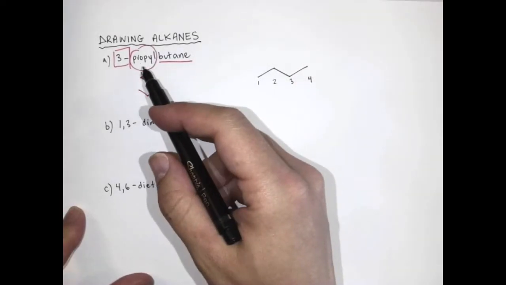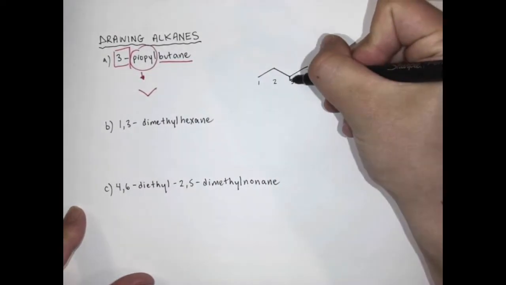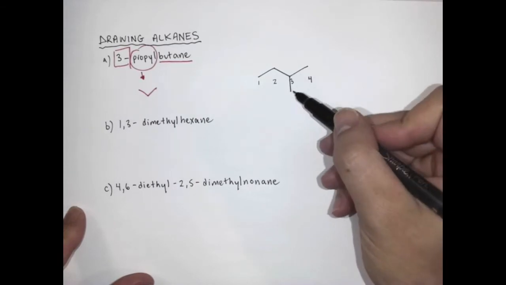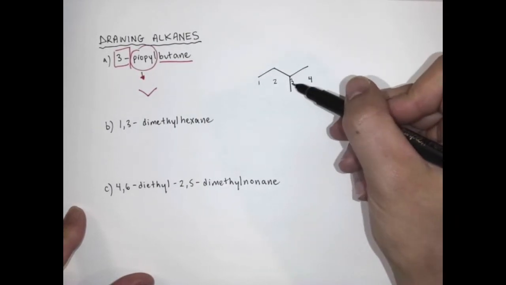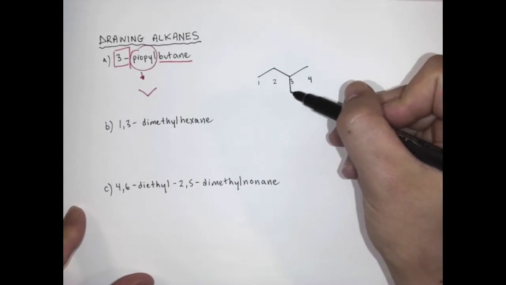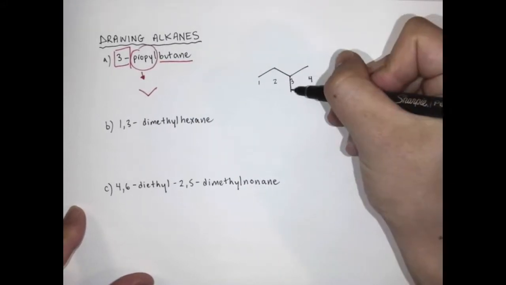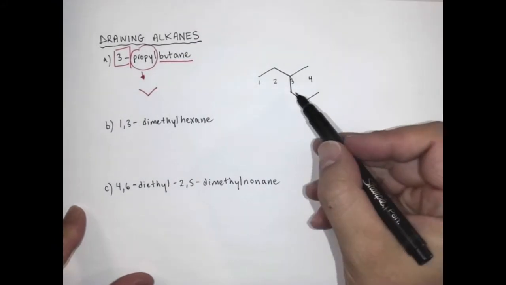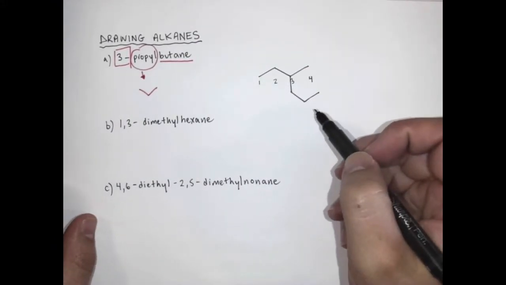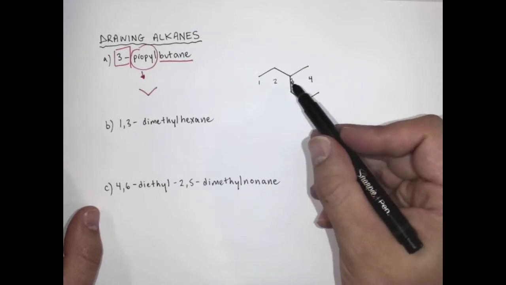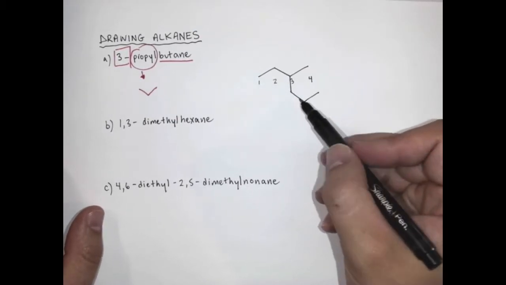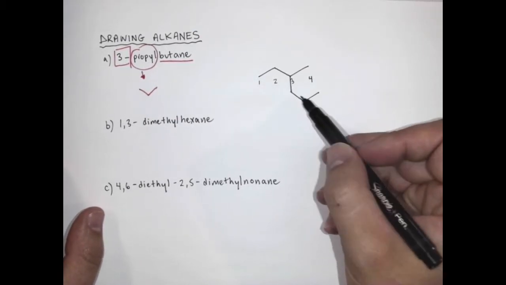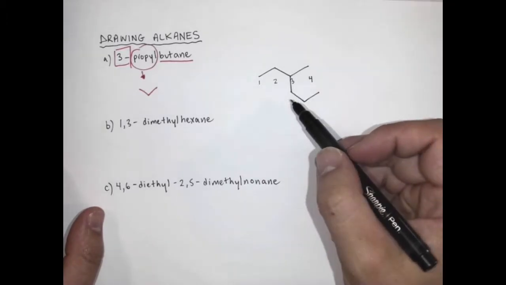If there's a propyl group coming off of carbon 3, that means I have to draw a branch with 3 carbons coming off of carbon 3. So it'll be 1, 2, and 3. Notice how I draw my lines at roughly 120-degree angles between my lines here. And there you go.